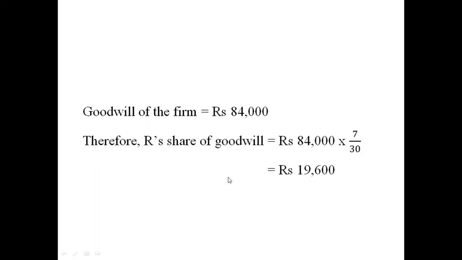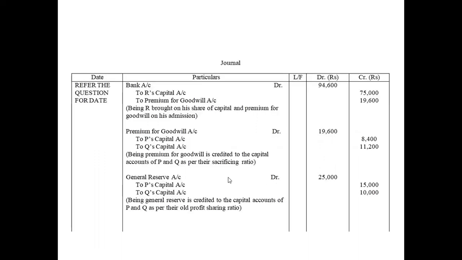Now let us move on to journal entries, because we have to prepare journal entries now. For the date, you have to refer to the question. Now in this question, if you look at the balance sheet given, it is written cash at bank. So we have to make entries through bank only.